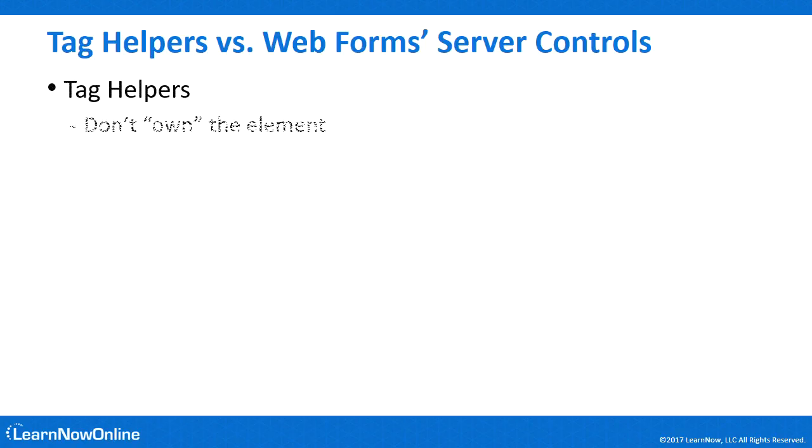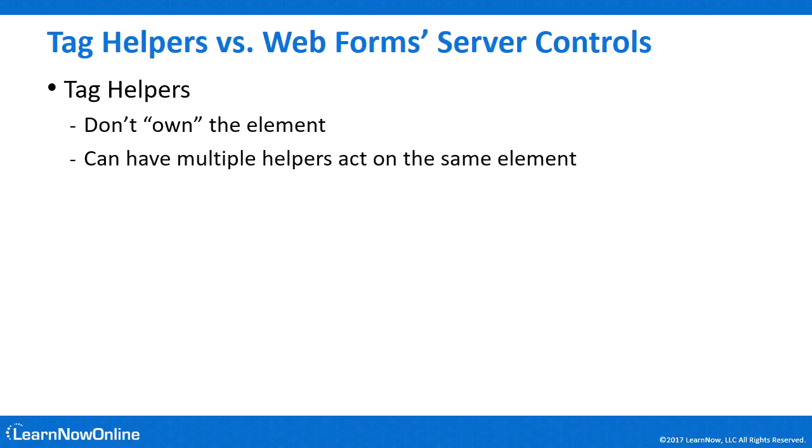Okay, so tag helpers, they don't own the element that they're associated with. They simply participate in the rendering of the element and the content. In comparison, web server controls are declared and invoked on a page. It's also kind of interesting that multiple tag helpers can act on the same element, which can lead to conflicts if you're not careful.